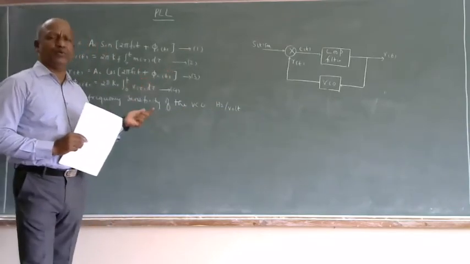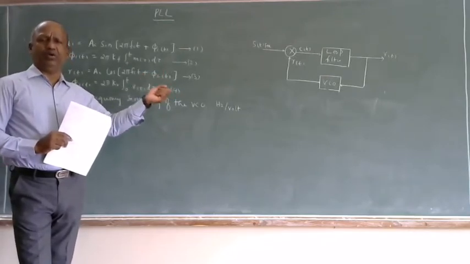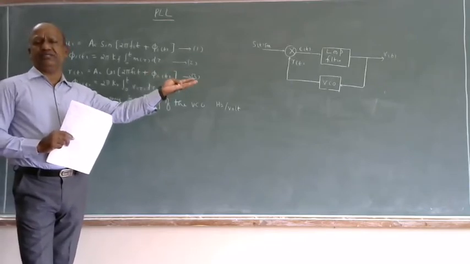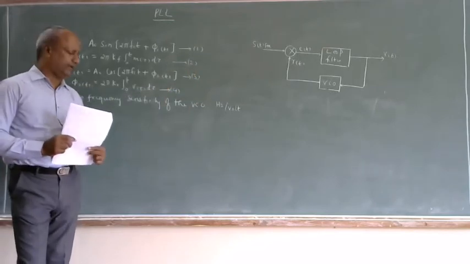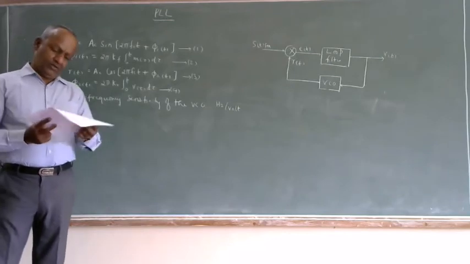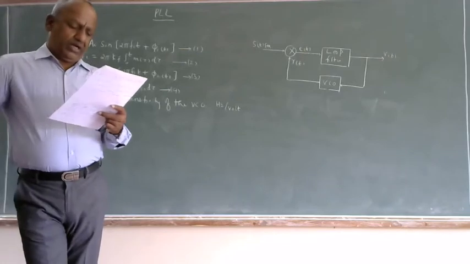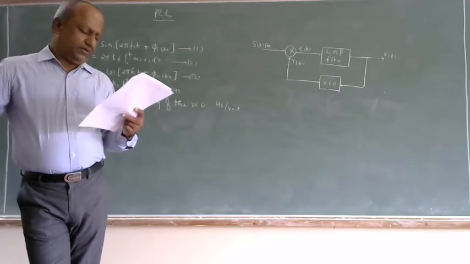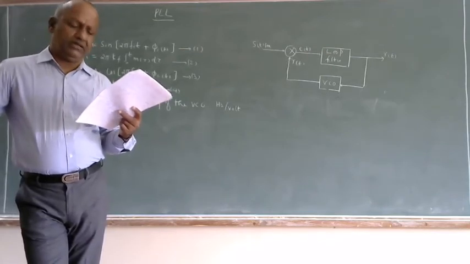So, to analyze the PLL action or role for a particular application, and what conditions I need to assign to the components to get a particular application implementation, we usually develop an understanding of the PLL by having a model of the PLL.